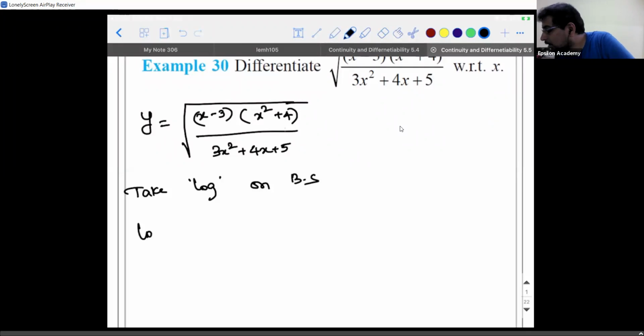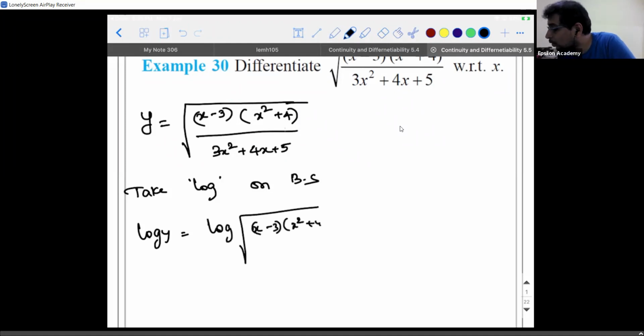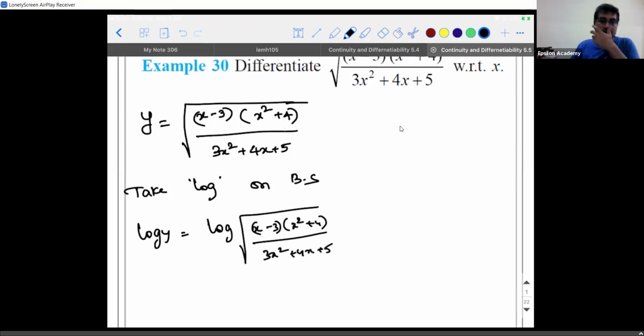What you get is log y is equal to log of square root of x minus 3 into x square plus 4, the whole divided by 3x square plus 4x plus 5. Look at the way I'm going to write.